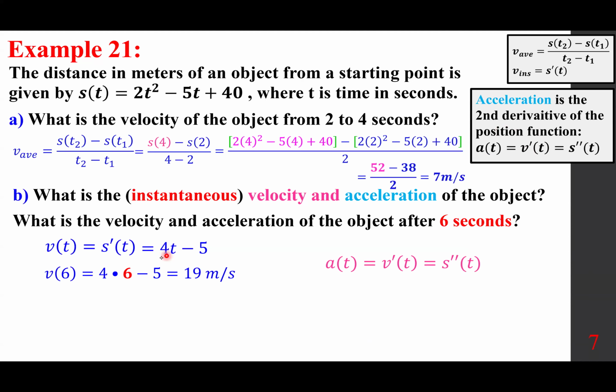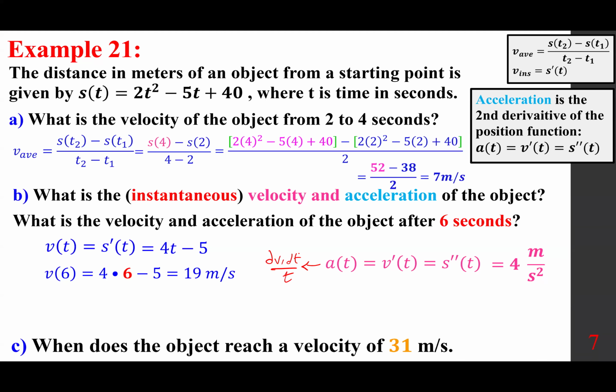And if you differentiate, you get 4 meters per square second, just because A is dV. A of t is that's why it's meter per second per second.